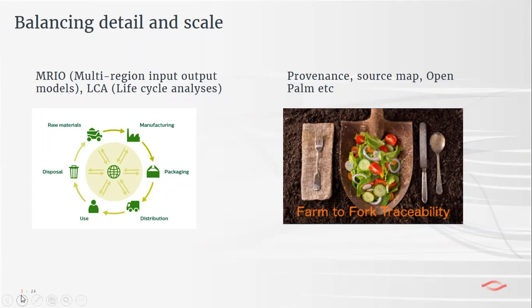But equally, it's not farm-to-fork traceability, which is very challenging, it's timely, and it's expensive to do at scale. And we don't think you need farm-to-fork traceability to make decisions and prioritize management of risks in supply chains.